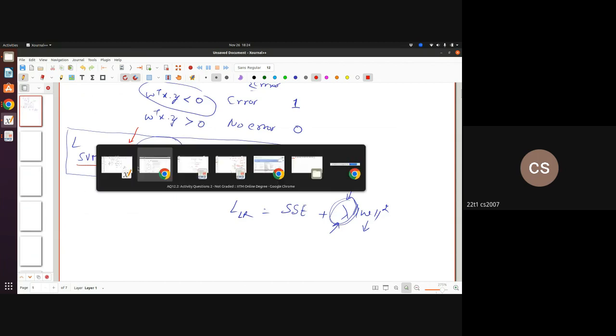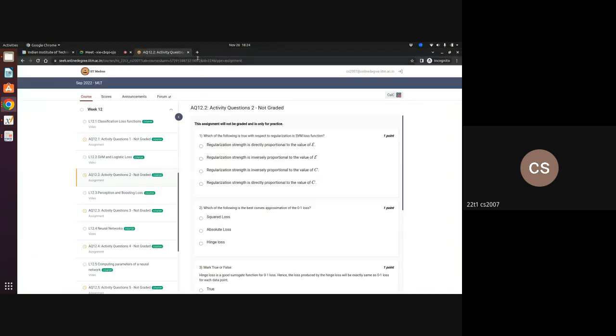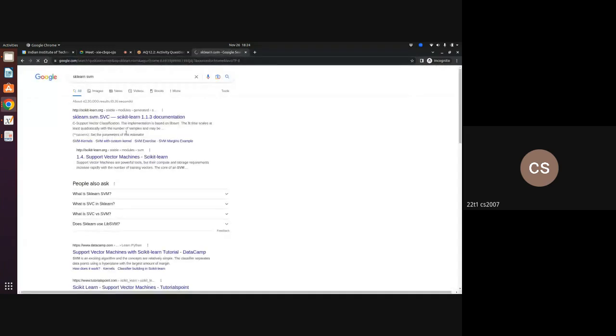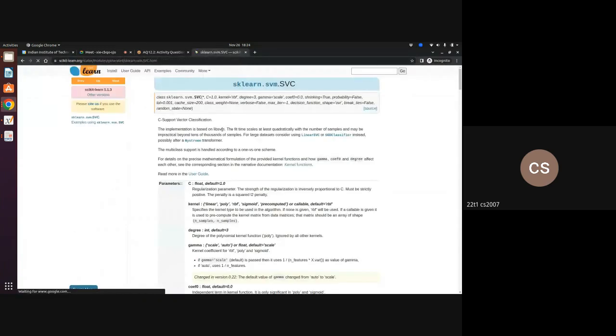This is something that you might want to note. In fact, if you see the sklearn implementation of SVM, there also you can see there's a parameter C. This parameter C acts as a regularization parameter. In linear regression or in ridge, we have lambda, actually alpha there, which represents the regularization strength.